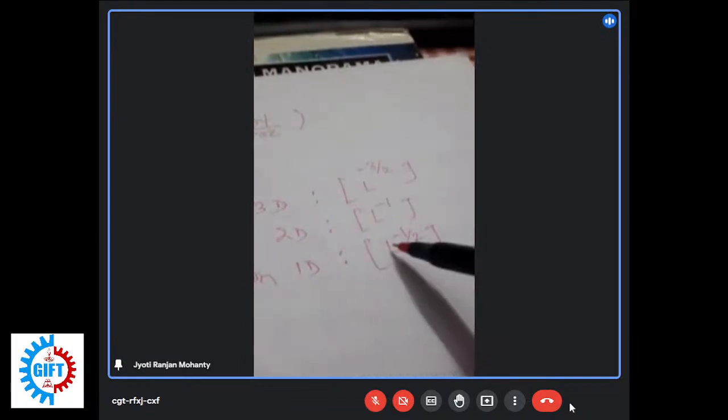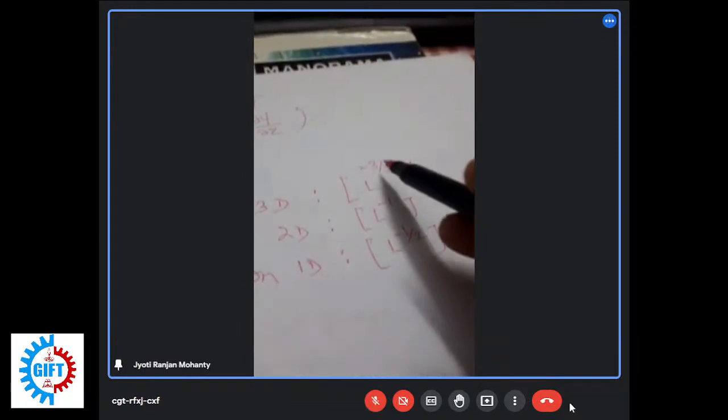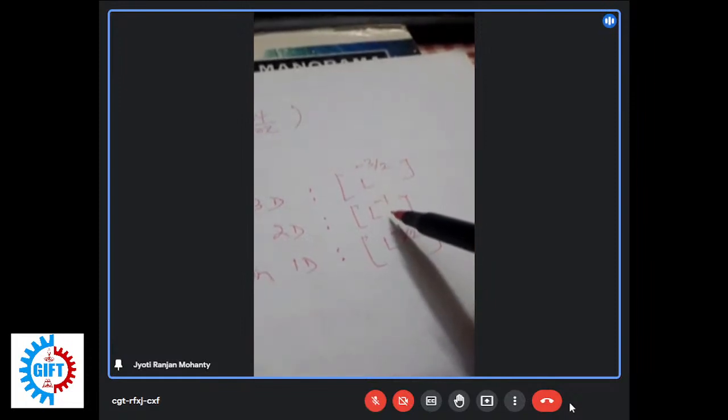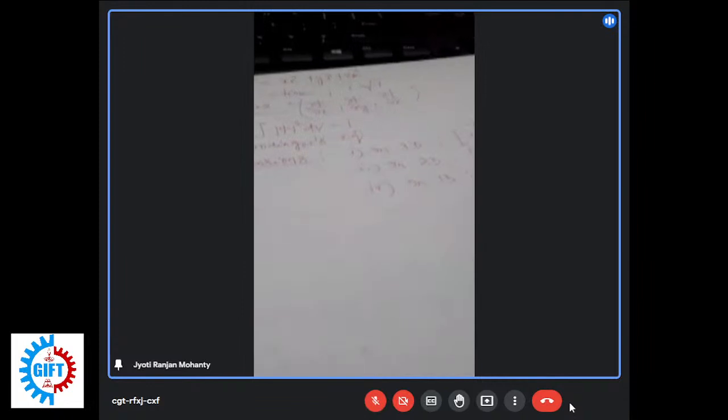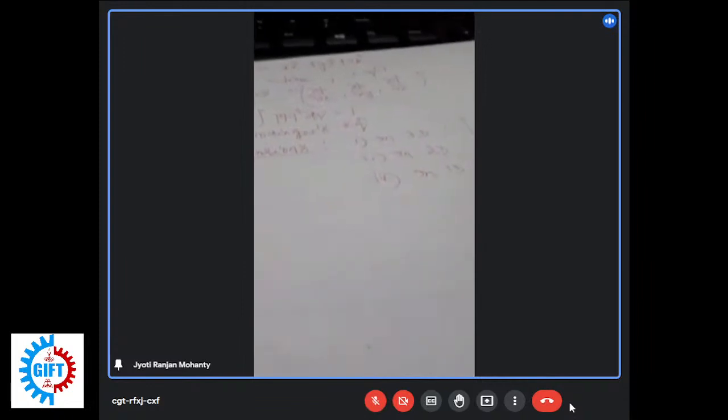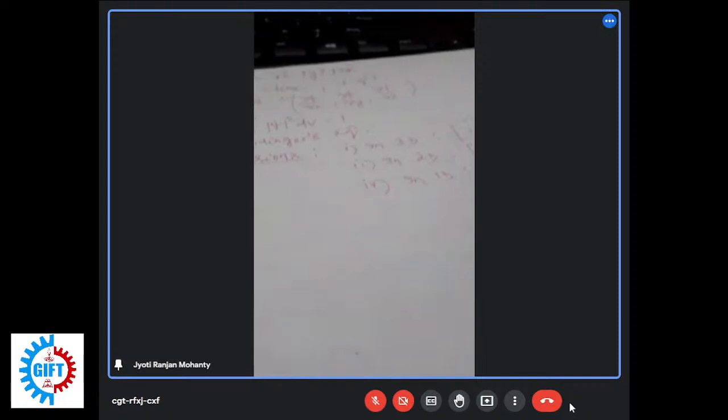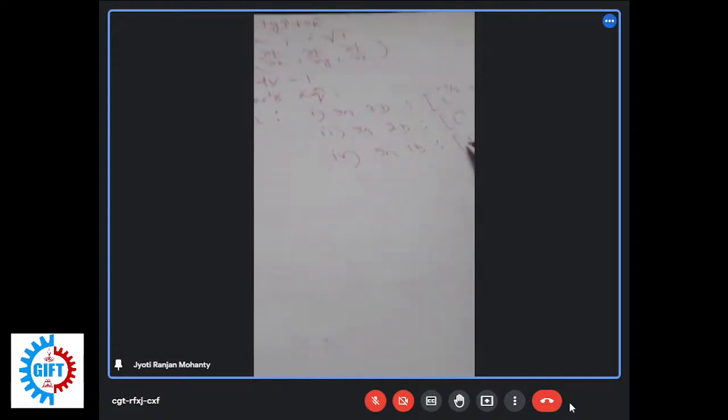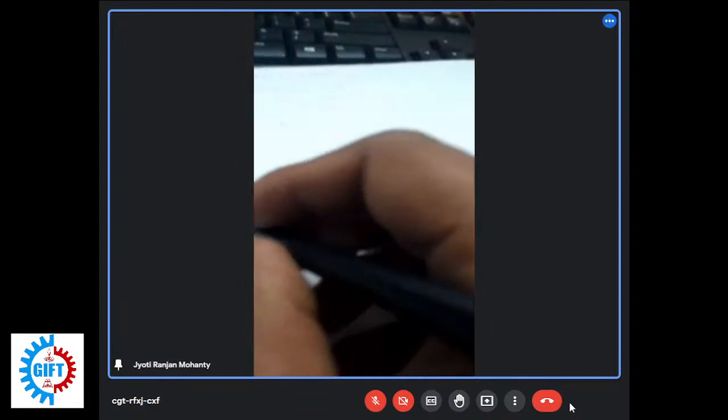In 1 dimension, it is L power minus 1 by 2. So these powers are known as the dimension. And after putting the bracket, it is known as dimensional formula.